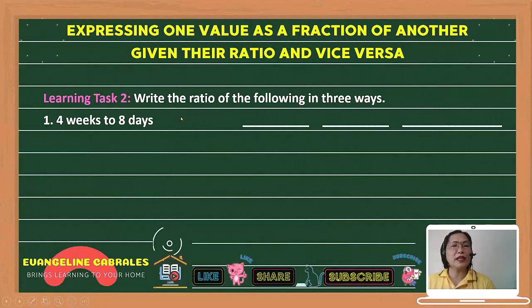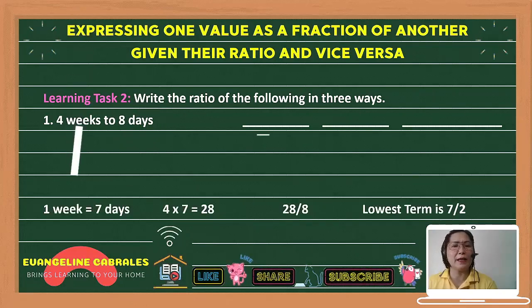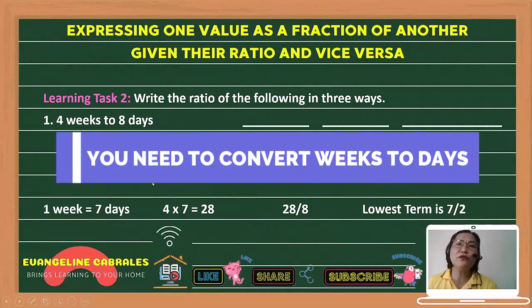Let's go to learning task 2. It says here, write the ratio of the following in 3 ways. So, kung mapapansin nyo, 4 weeks to 8 days. Magkaiba ng kanilang entities, ano? Ito ay weeks, ito ay days. So, paano gagawin kapag ganyan? Kailangan i-convert nyo muna.